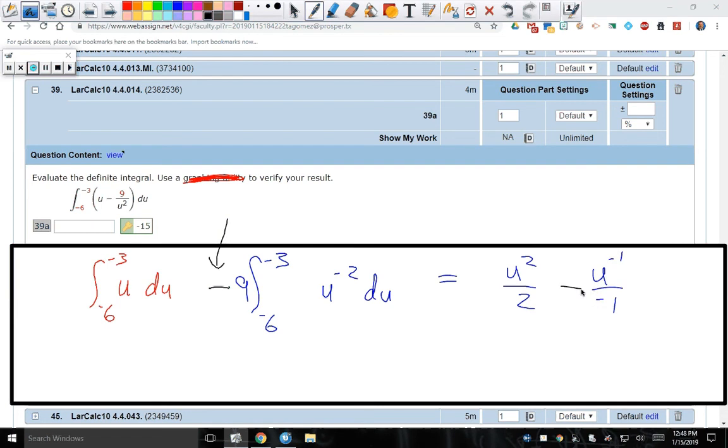This is your antiderivative bounded between -6 and -3, that we're now going to plug in -3 here and then subtract whatever it would be if I plugged in the -6. In my experience, I think it's easier for you to rewrite this without having the negative mistakes occur.